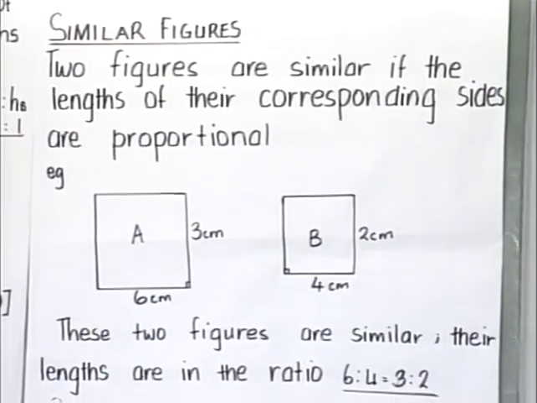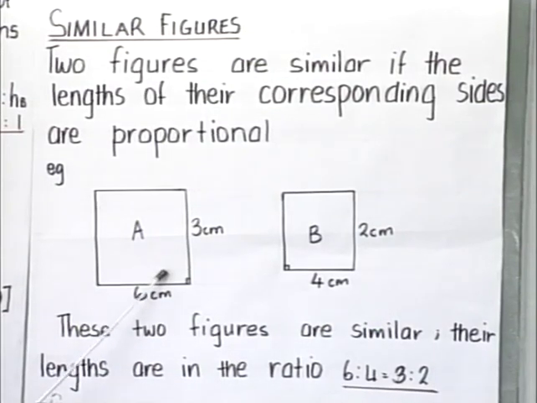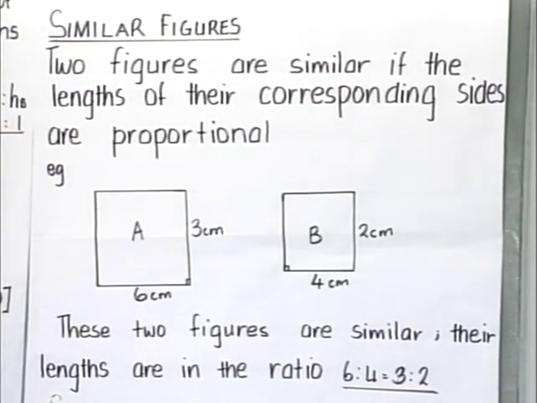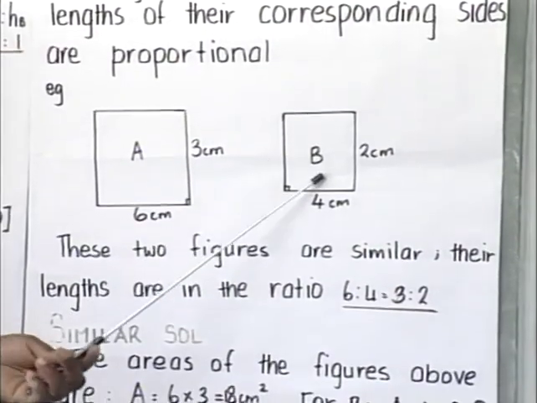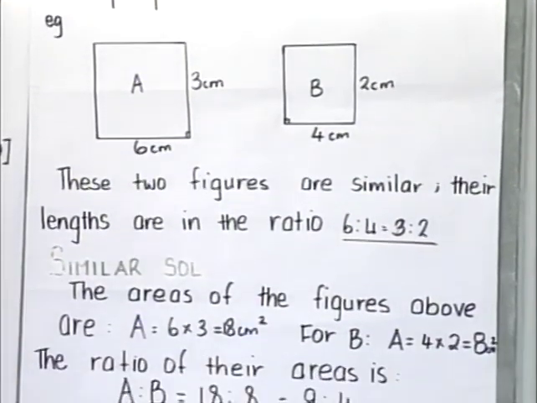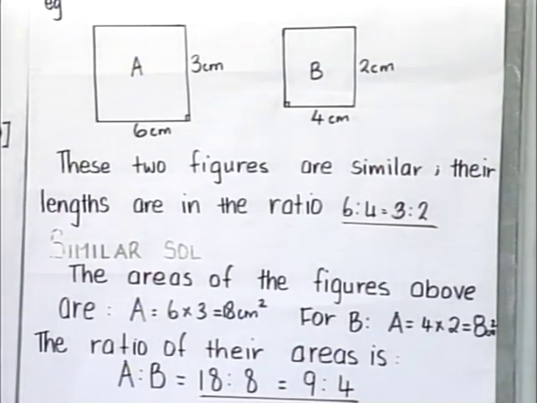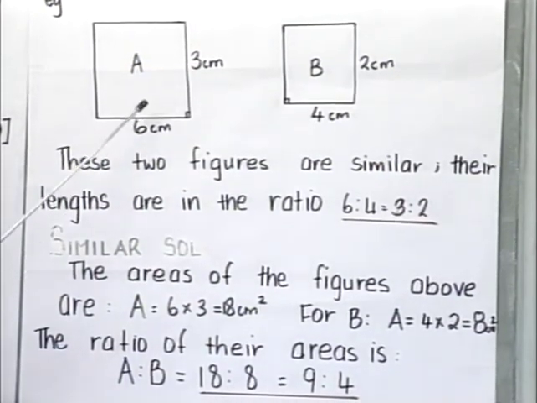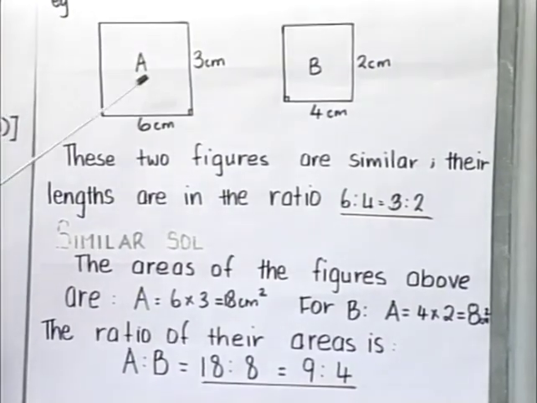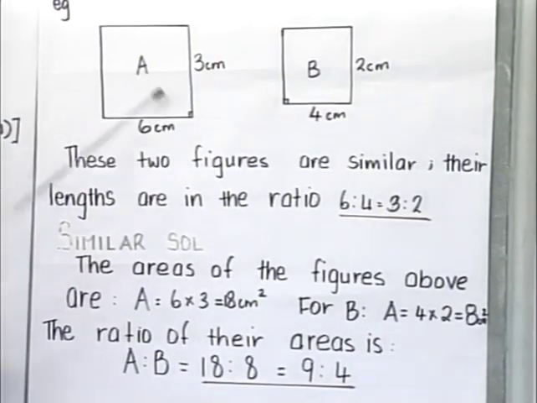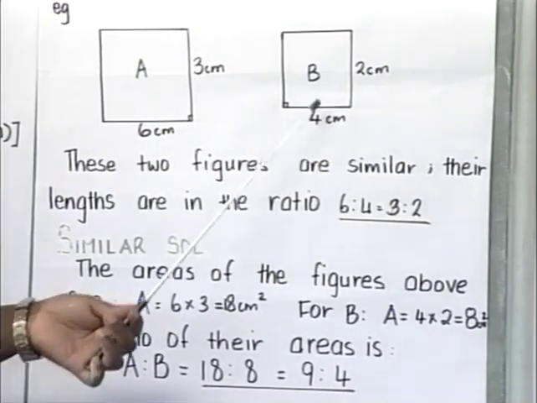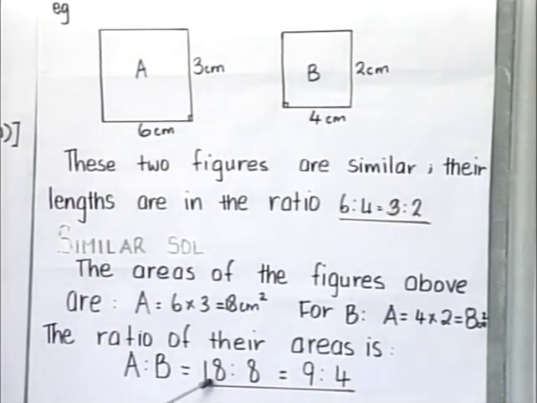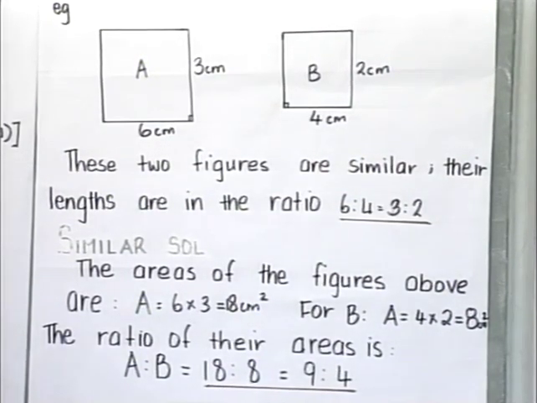You will notice the area of this rectangle A is 18 square centimeters, and the area of this rectangle B is 8. Now, if you find the ratio of the area of rectangle A to the area of rectangle B, it is 18:8, and it is 9:4.